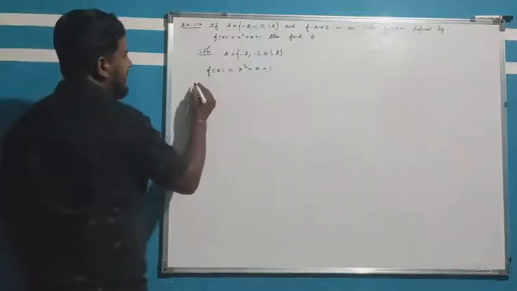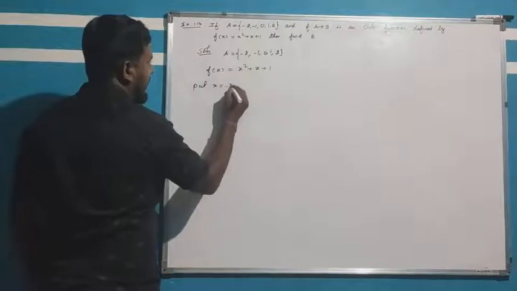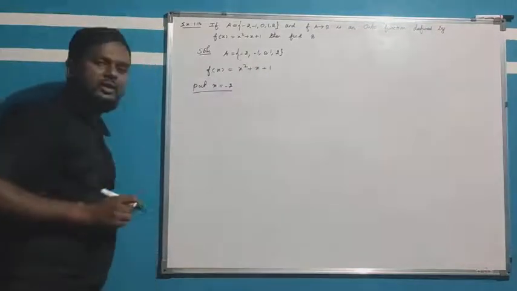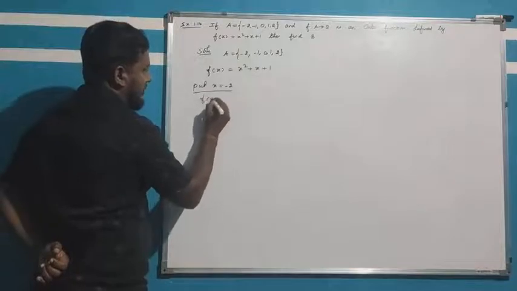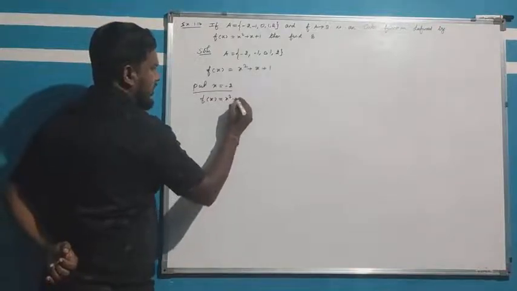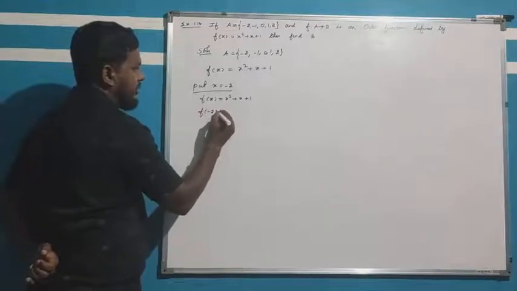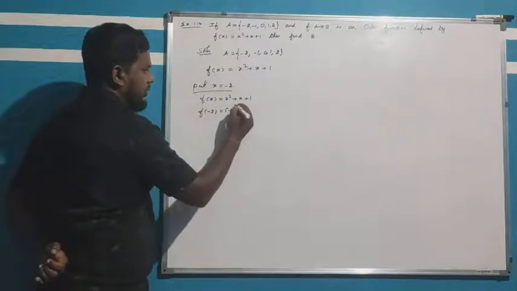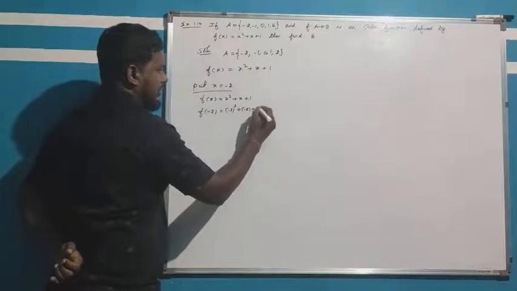First, put x equal to -2. In f of x we can substitute. f of x equal to x square plus x plus 1. So f of -2 is equal to (-2) whole square plus (-2) plus 1.